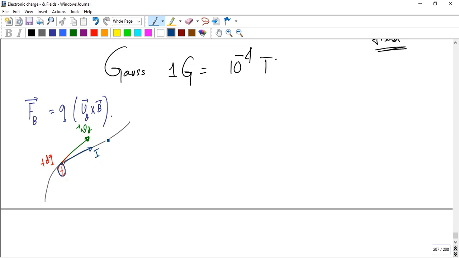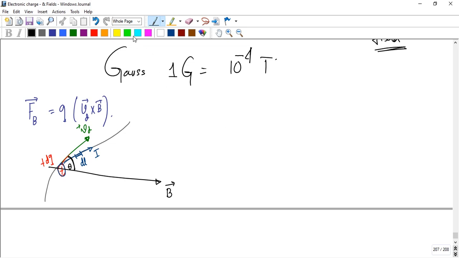Now we consider a very small length, dl. Choose a magnetic field in that direction, B. So the drift velocity Vd cross B, and the angle between them is theta, very important.